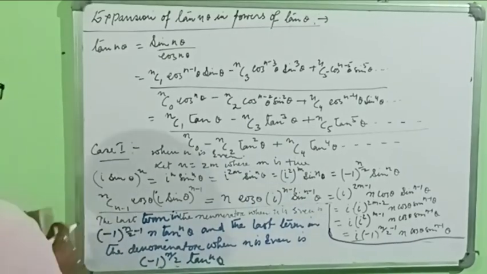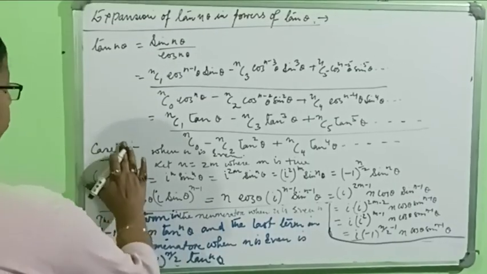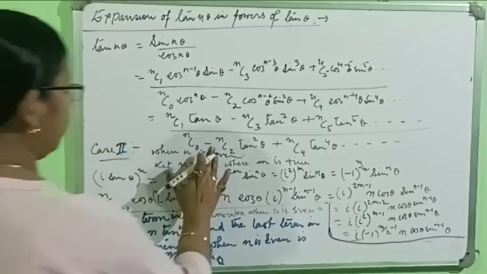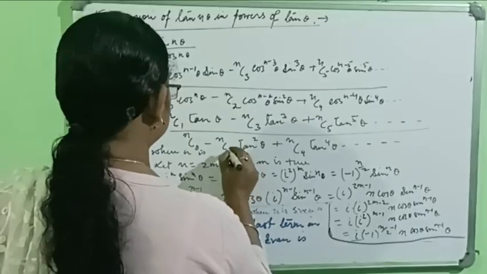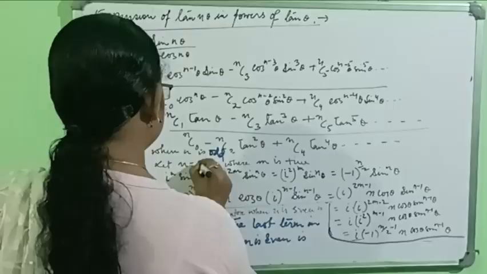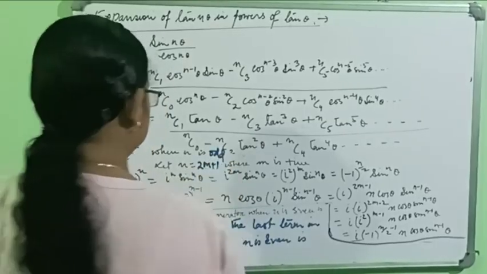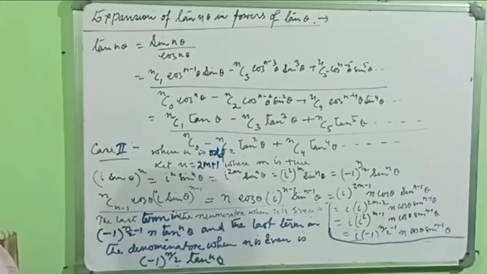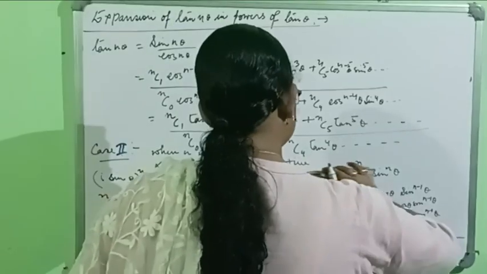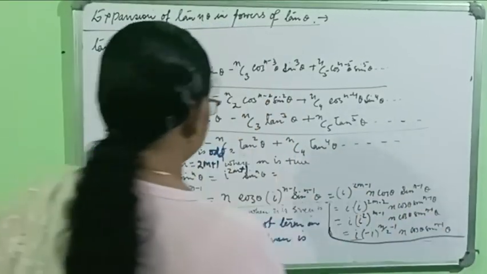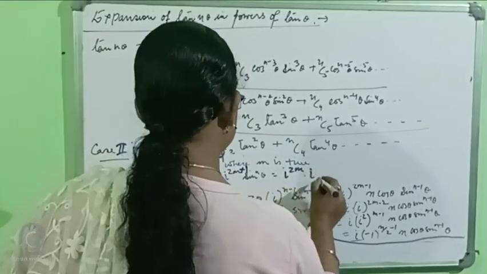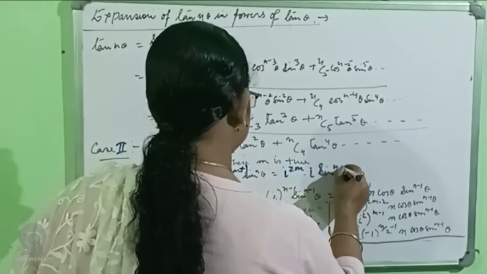Okay. Now case 2, when n is odd. When n is odd, we will take n equal to 2m plus 1. There it will be 2m plus 1. From here, it will change. We will change this. That is i to the power 2m, i sine n.